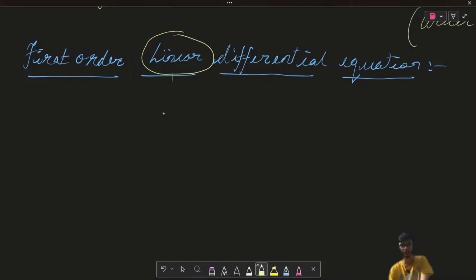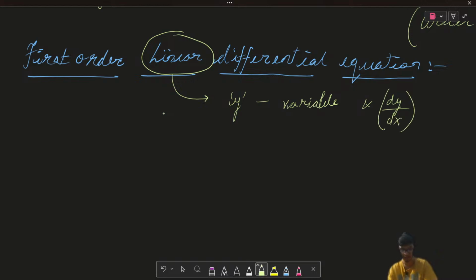A differential equation is said to be linear if the unknown variable and its derivative occur only in their first degree. If y is my unknown variable, since the degree is 1, there will be only one variable, right?